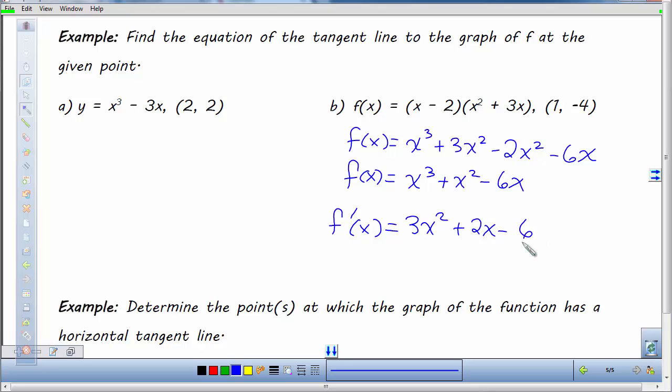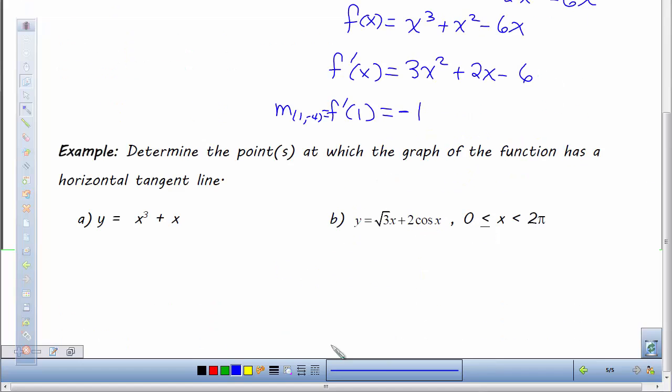Okay, all right, so I've got my derivative, and now I need to find the slope at the point 1, negative 4. So f prime of 1, okay, that's going to give me my slope at the point 1, negative 4, is 3 plus 2 minus 6, so it looks like negative 1. Okay, I just plugged in 1 for my derivative. 5 minus 6 is negative 1.